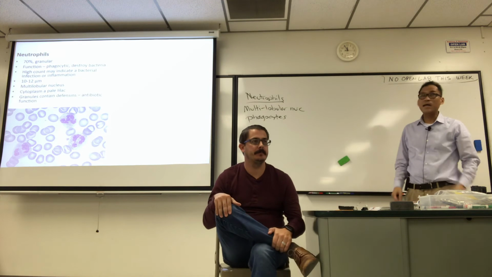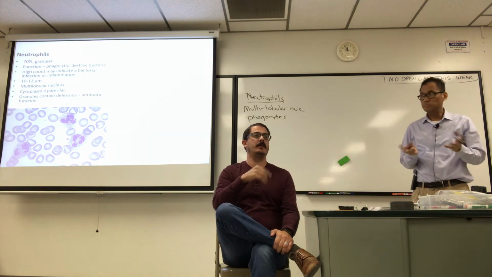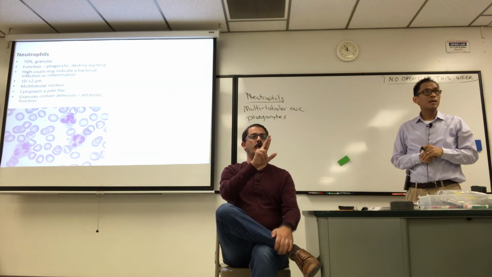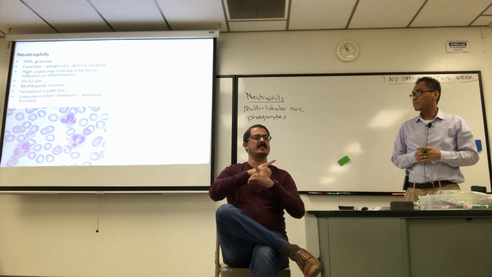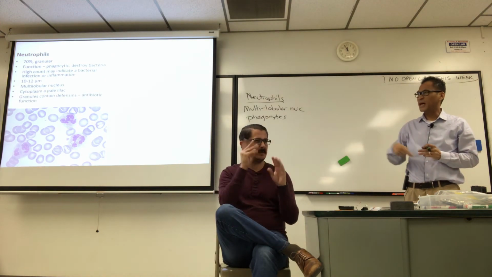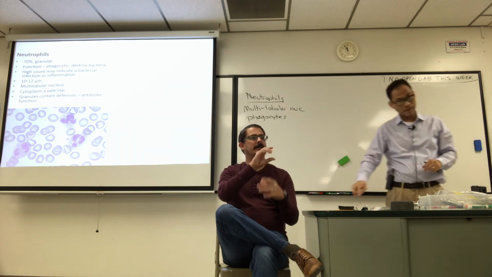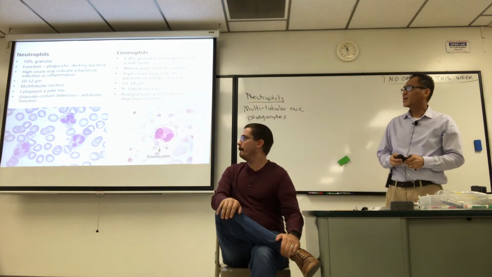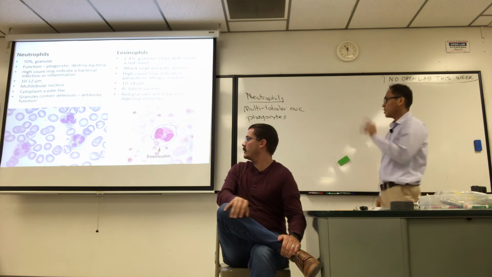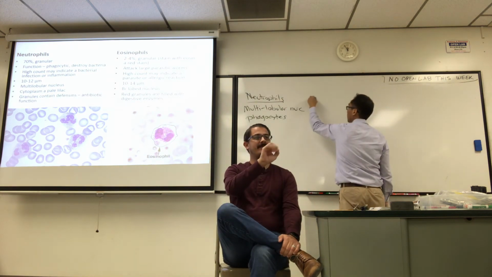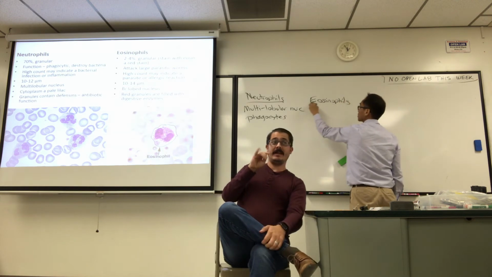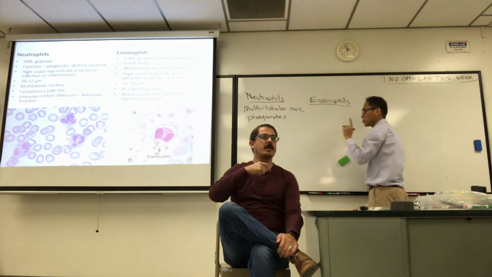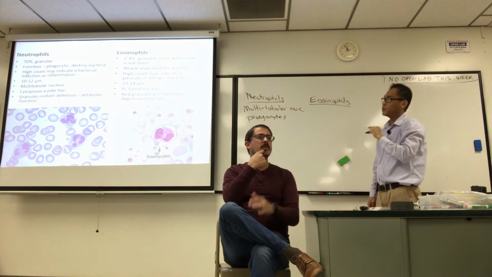These are one of the granular variety. The granules have defensive molecules in them. Can't see them too much in the cytoplasm on this slide. Let's move on to the next one. Eosinophils. Eosin means red staining. Look at that nice red bilobed nuke.